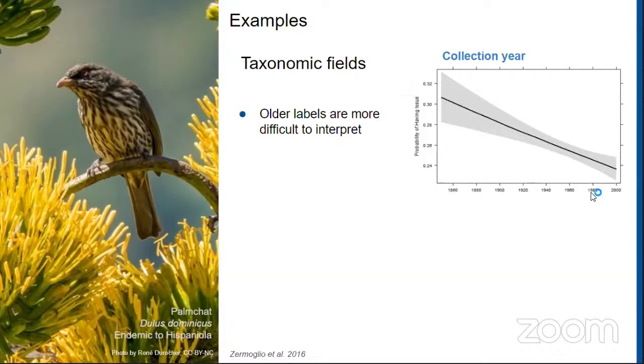And here we see that if the record was collected more recently, then it has less probability of having errors. And they relate this to the fact that older labels, for example in museums, are usually more difficult to interpret. And so records that were taken a long time ago might have more errors due to that interpretation.